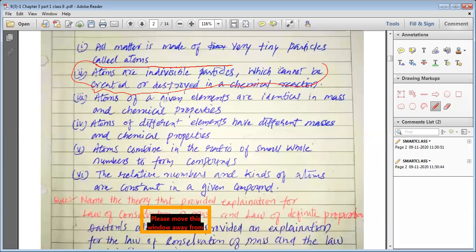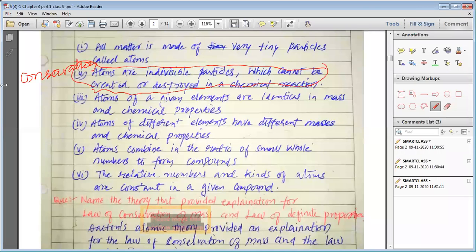That means there will be no new mass formed and old mass will not be destroyed, and we can say that this is the law of conservation of mass. This tells us the conservation of mass.